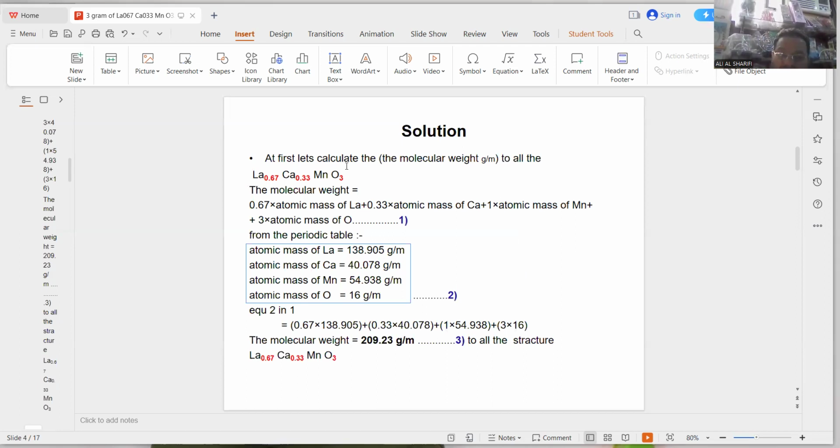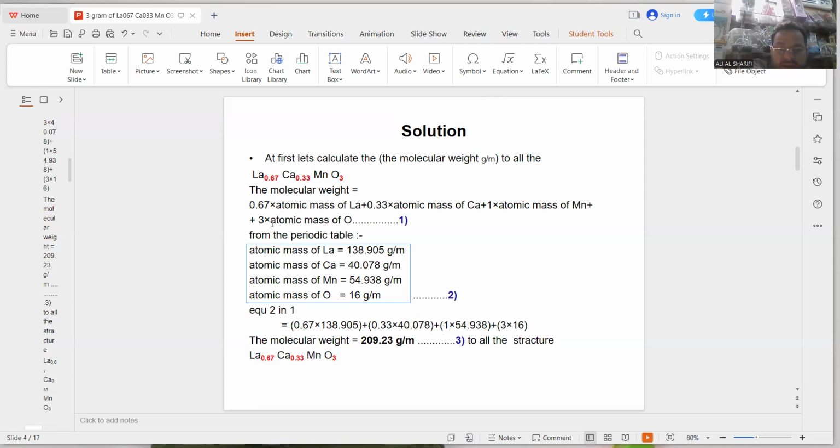The molecular weight, how can I calculate it? I can calculate it by using the mole number multiplied by the atomic mass of each element. We can find it from the periodic table.